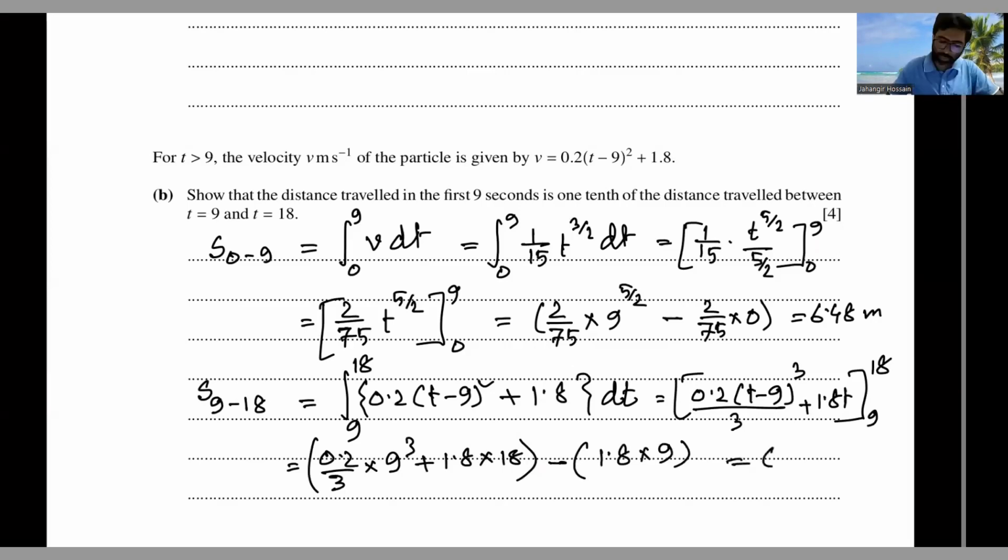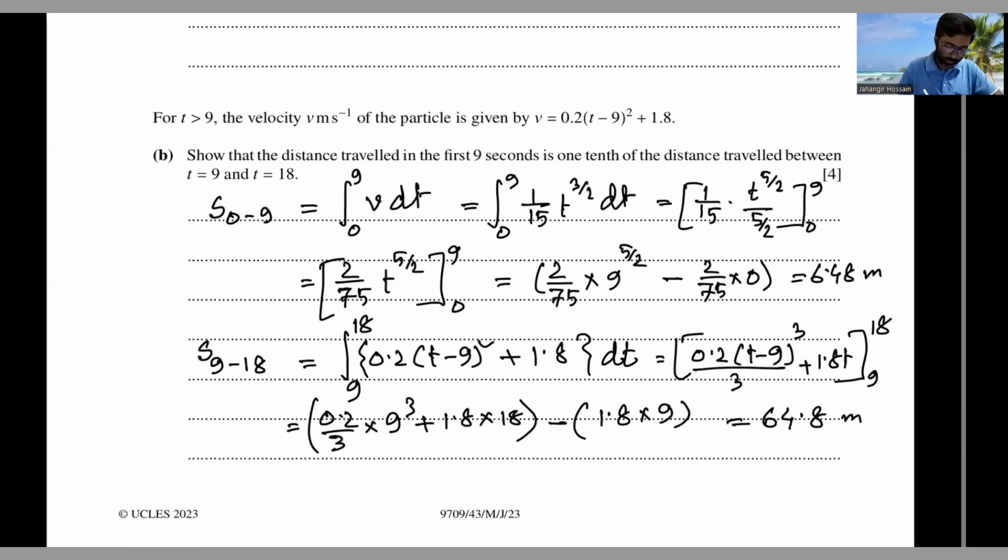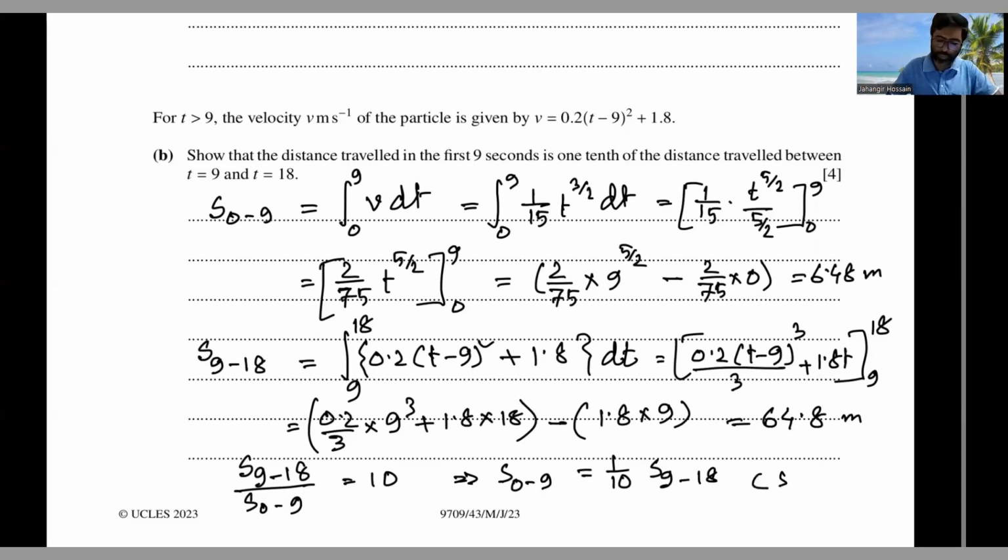And that is equal to 64.8 meters. So the ratio of the distance from 9 to 18 to the distance from 0 to 9 is 10. So yes, the distance traveled in the first 9 seconds is 1/10 the distance traveled between 9 and 18 seconds. That we had to show. Okay, that's part B.